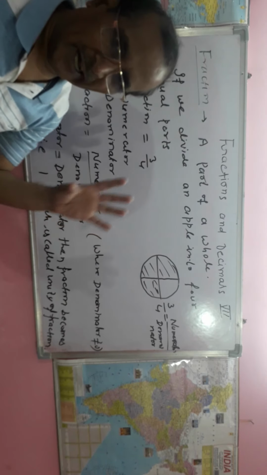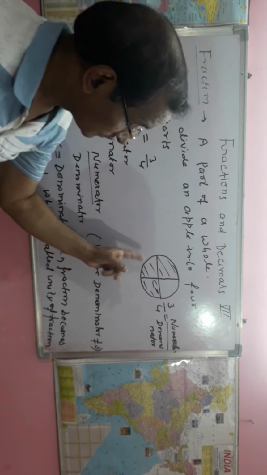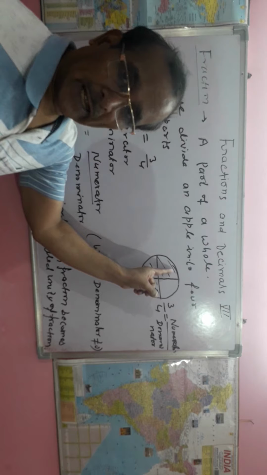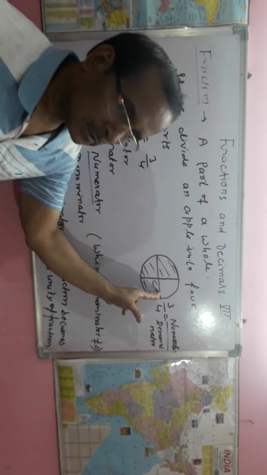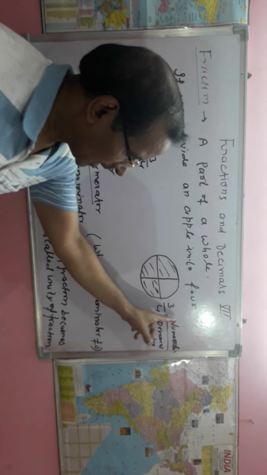It means if we divide an apple into 4 equal parts, each part being equal, then we can write 3 parts as 3 by 4.